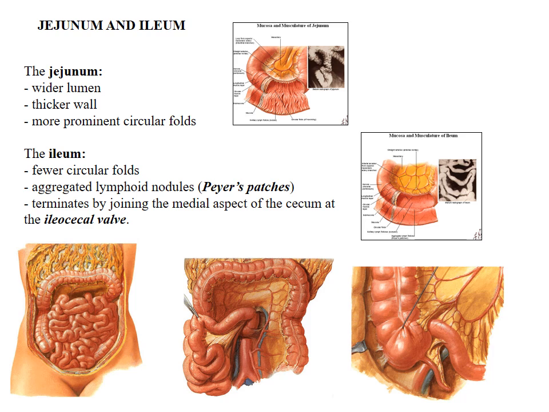Jejunum has wider lumen, thicker wall, and more prominent circular folds. Ileum has a few circular folds, aggregated lymphoid follicles, Peyer's patches, and it terminates in the right iliac fossa by joining the medial aspect of the cecum at the ileocecal valve.